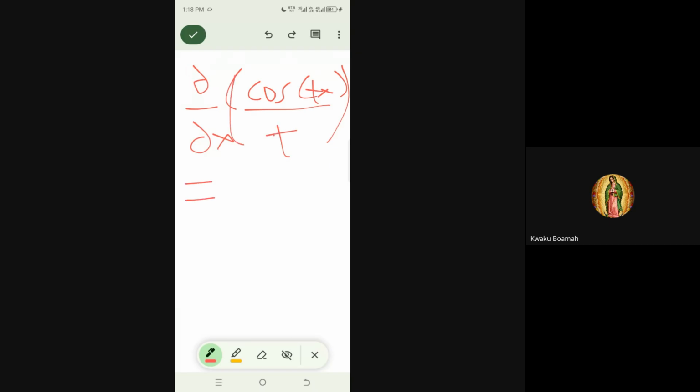The 1 over t is a constant, so you can bring it out and you focus on the cos tx.